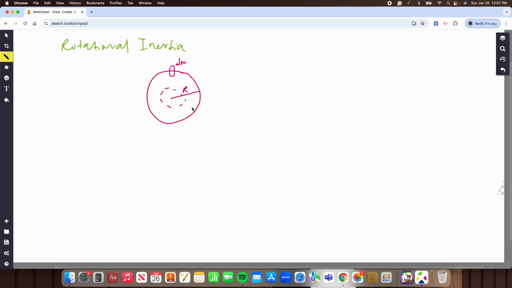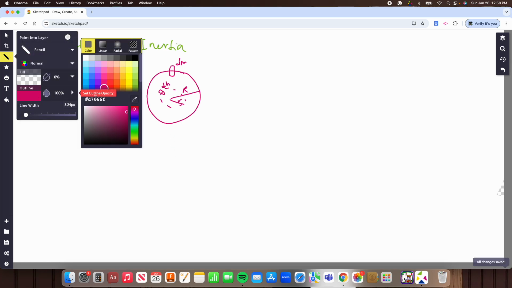That's a really bad circle, but pretend that's good. We're going to break it into really, really tiny width rings, and they're all going to be a small r distance, which changes depending on which ring we're calculating for. Then we're going to break these individual point masses into small dm's, and calculate it like that.